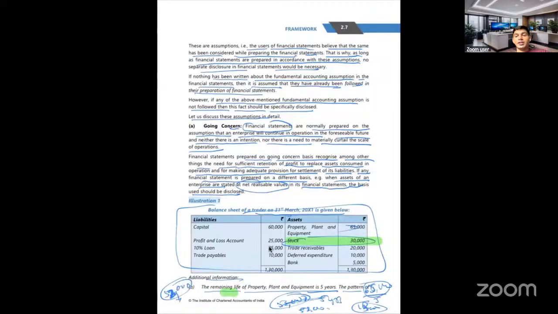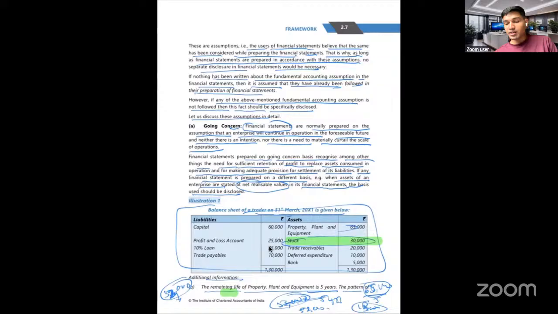Once we make it, or make it on net realizable value, for example, if we have to make it 60,000, so if you have to make it on net realizable value, that is 60,000, we don't depreciate it by 13,000 and make it 50,000.